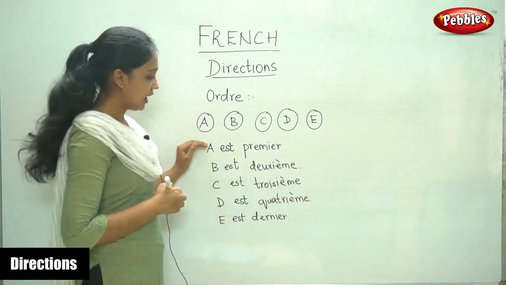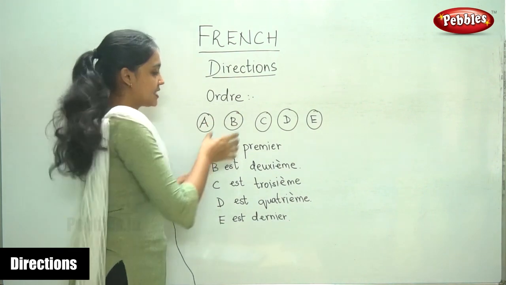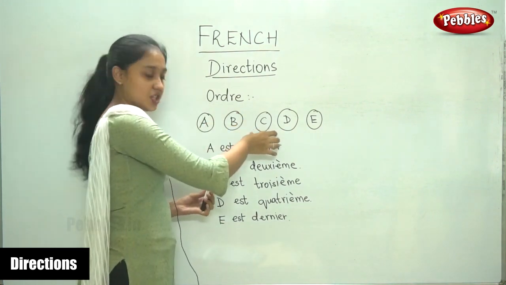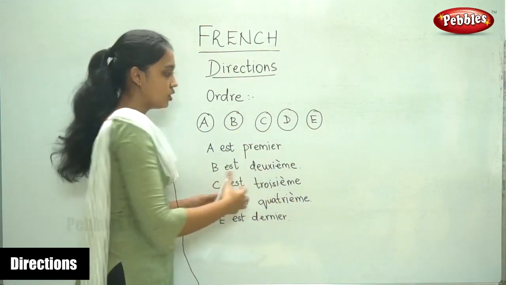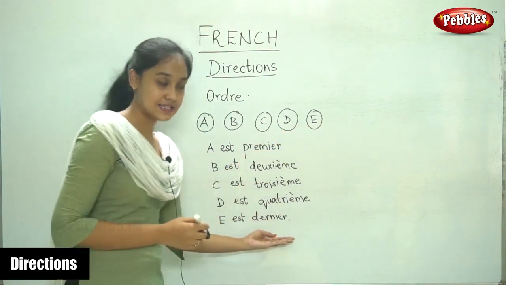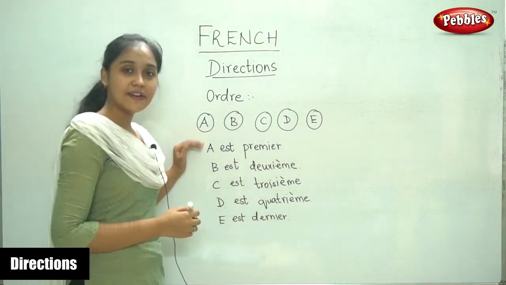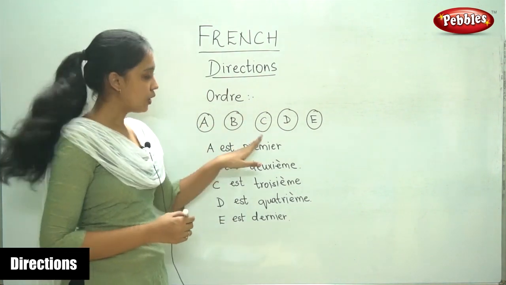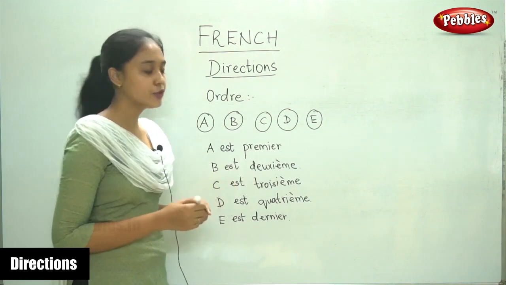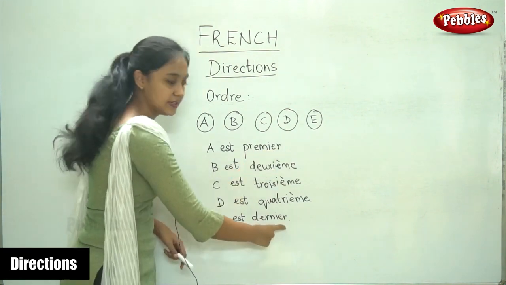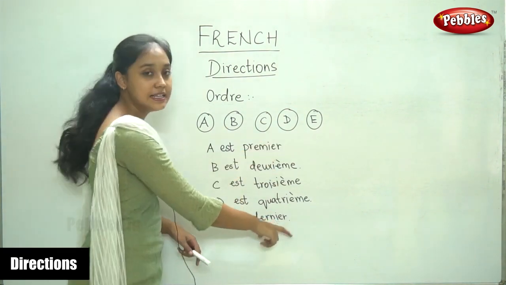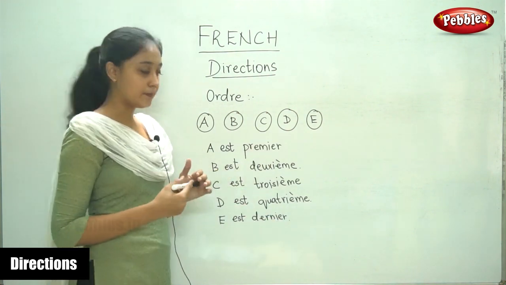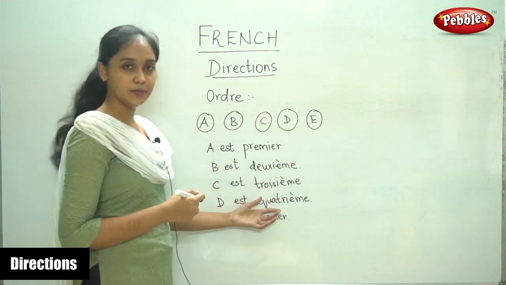So A is first, B is second, C is third, D is fourth, and E is last. So we have explained the order in which this is arranged. So now you know the words. You just have to remember premier and dernier, first and last. So if you know the numbers, it is easy to write the remaining.